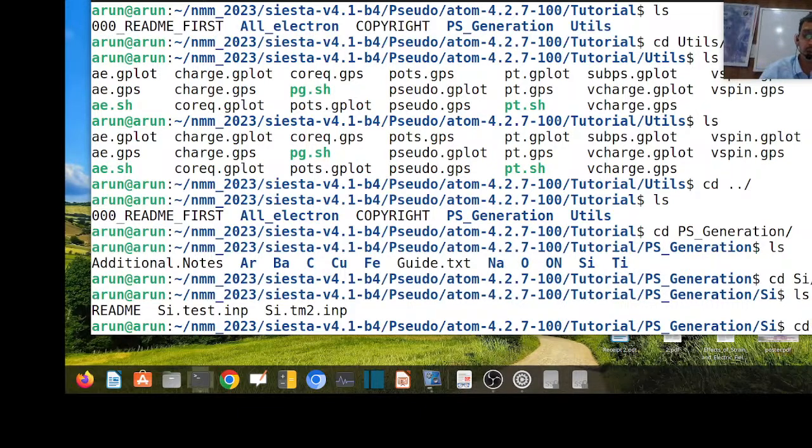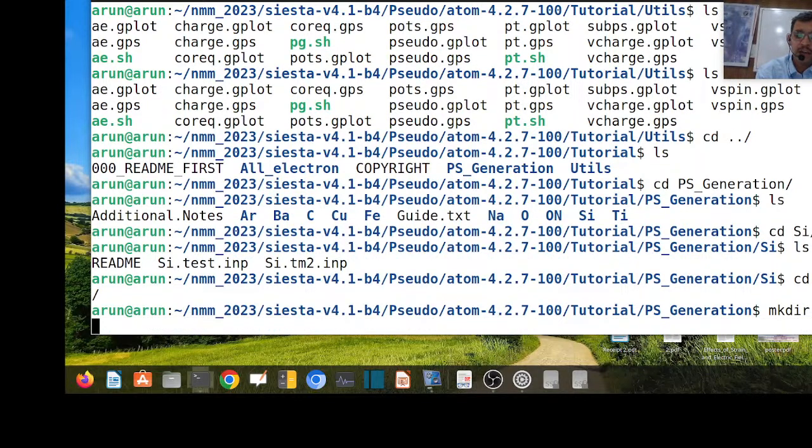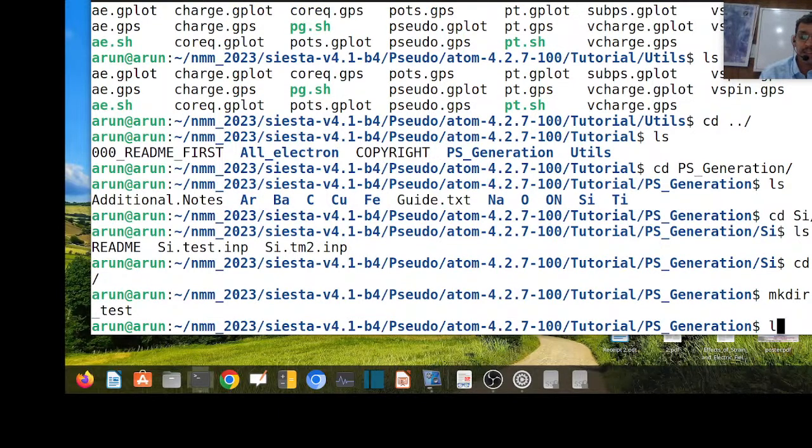I am coming outside, and I am not disturbing the actual directory structure of the files which are already given to me. So what should I do? I will make a directory, you can call it anything: si_test.